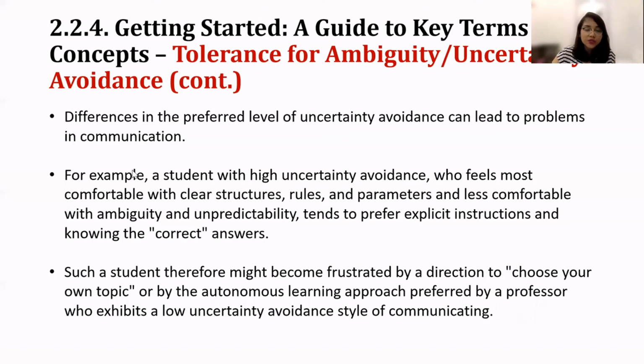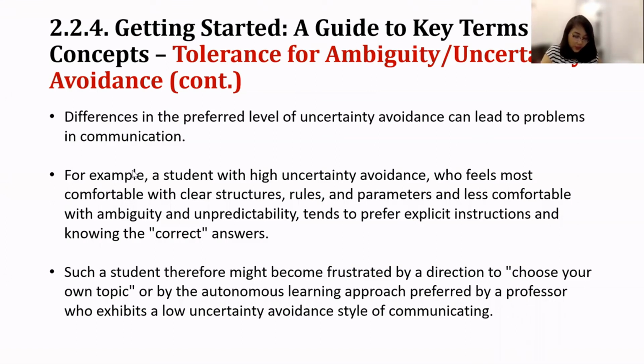When you ask your students to select their own writing topic or reading topic, there is a high possibility that they don't like it. They want something certain, not ambiguous. So this is what it means by knowing this material, so that we can better anticipate this issue. And that's about the tolerance for ambiguity and uncertainty avoidance.